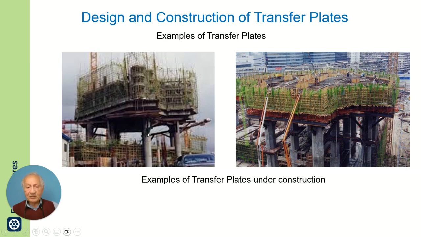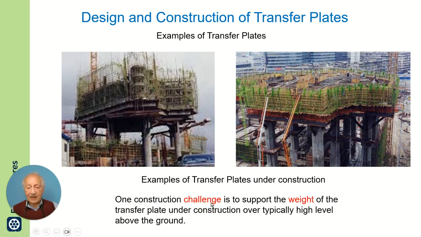There are two examples under construction: few supports at the bottom, multiple above. And here you have the transfer plate. Likewise on the right, construction is in progress, few columns, but a multitude of supporting elements above the transfer plate.